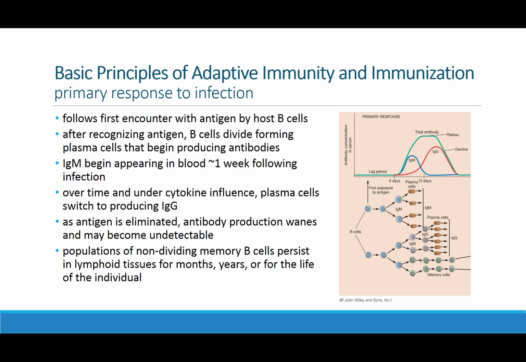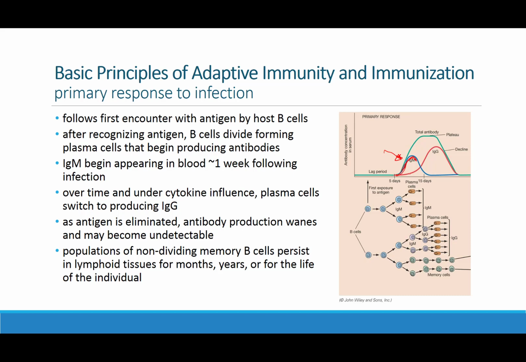Recall that that's the pentamer, the five-part cluster. And over time, so here, within about a week, we see this peak in IgM, if you're looking at this graph here at the top.